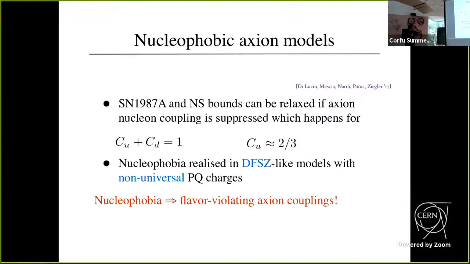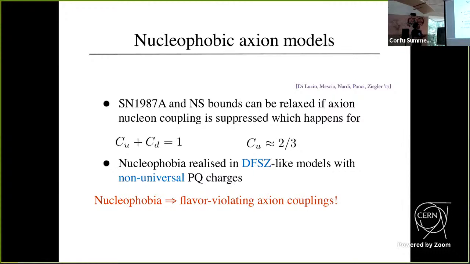Okay, so this motivates me to introduce so-called nucleophobic models, where the axion-nucleon coupling is suppressed. These models were studied by these people here. Basically, the bounds from supernovae and neutron stars can be relaxed if the axion-nucleon coupling is suppressed.